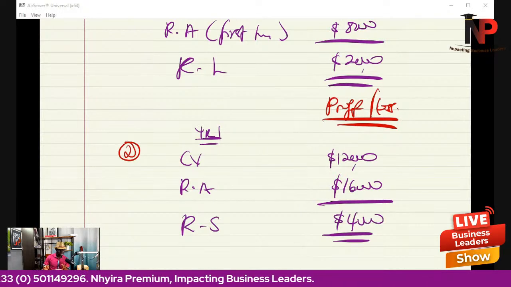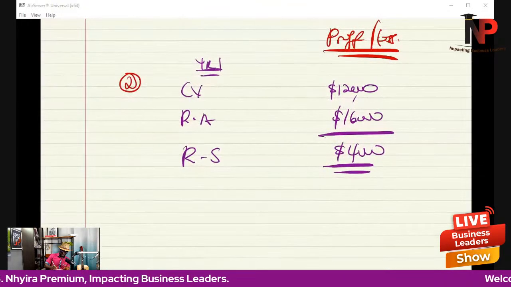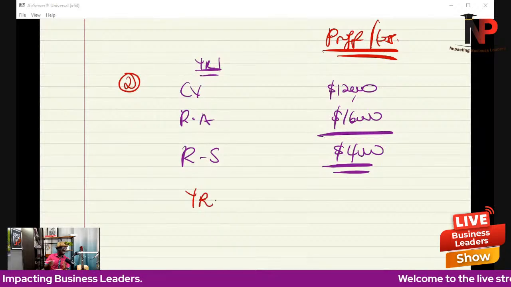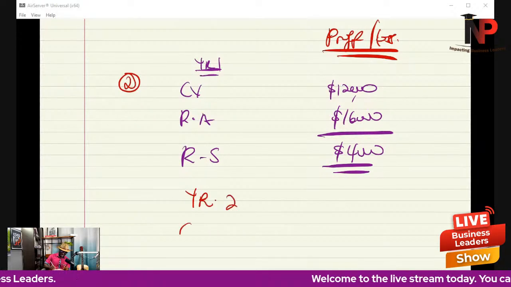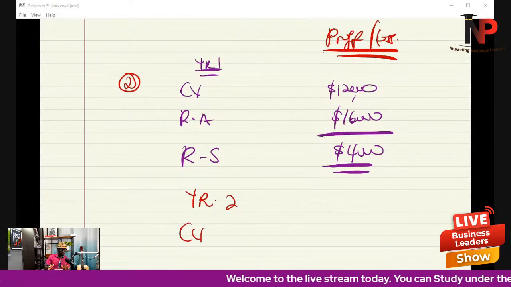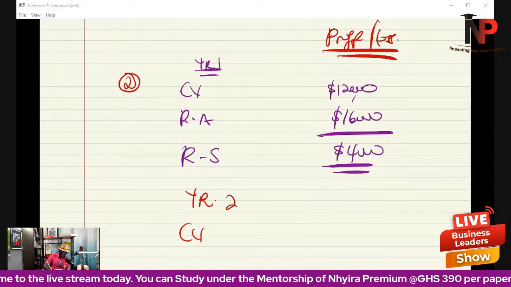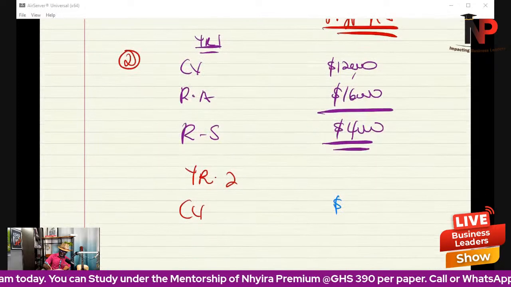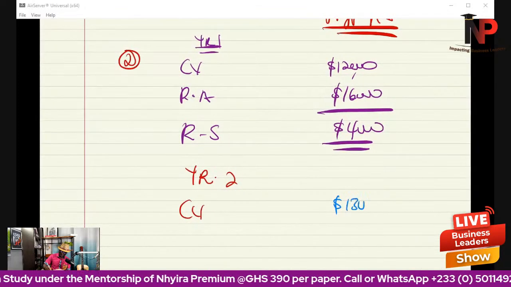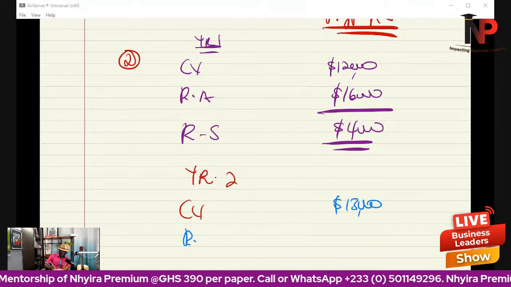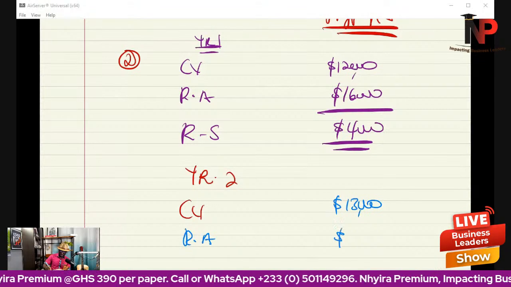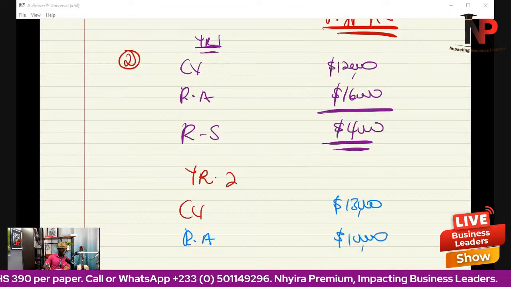In the second year, we did a revaluation again. I'm just using some figures so I explain the concept, so don't think about depreciation or whatever. In the second year, our carrying amount is now, let's say, 13,000, and our revalued amount is, let's say, 10,000. Are you following me carefully?